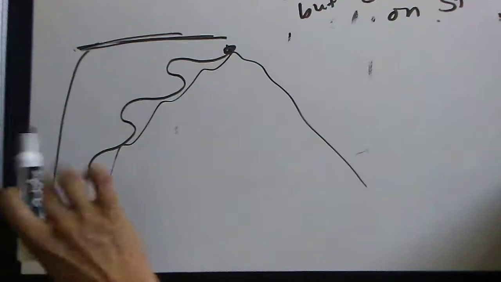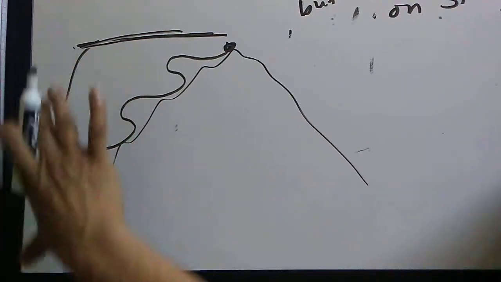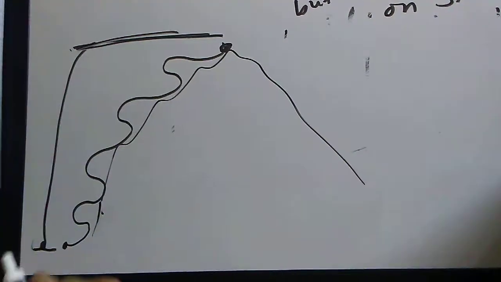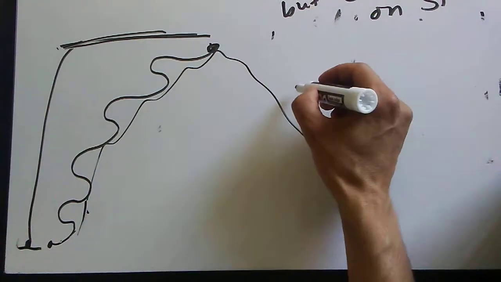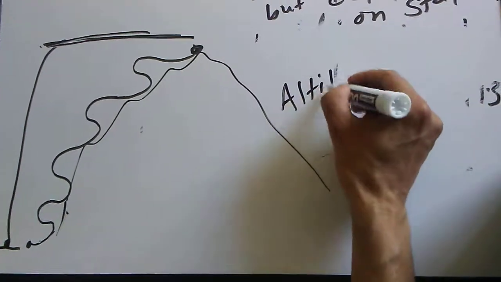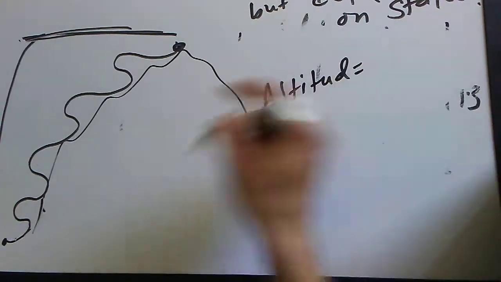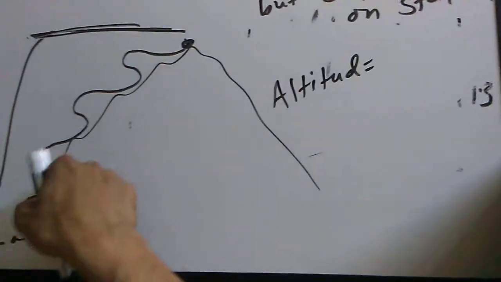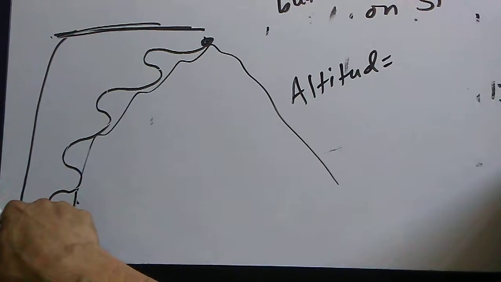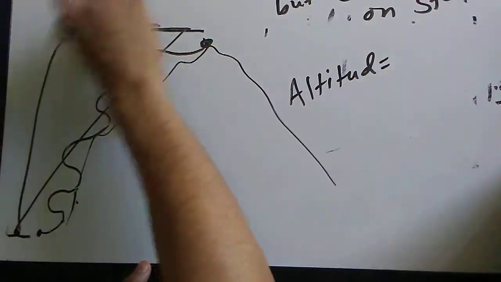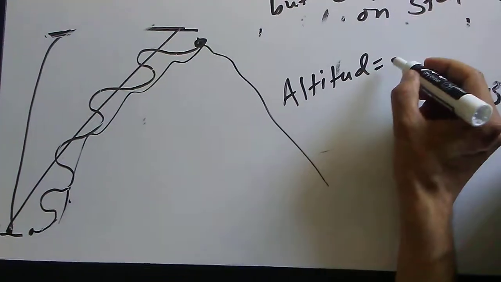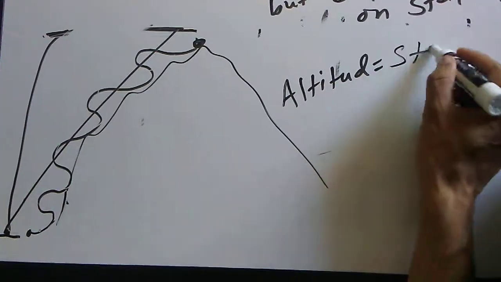You see that the total altitude traveled by helicopter and the total altitude traveled by these people is the same. Whether you walk a long distance like this, or you take the helicopter and go like this, it's the same thing. So the altitude is also a state function.